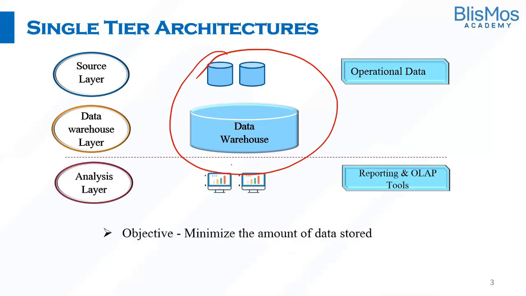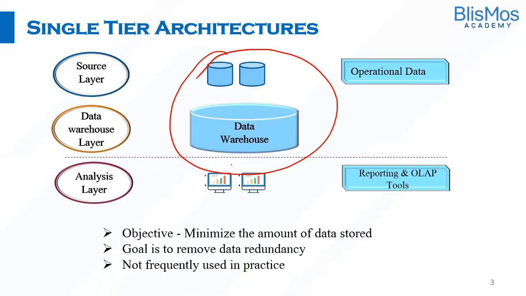Here we want to minimize the amount of data stored. That is the reason we are not trying to establish an explicit separation between transactional processing and analytical processing. We want to remove the redundancy between them. Though we have a single tier architecture, it is hardly used in practice.